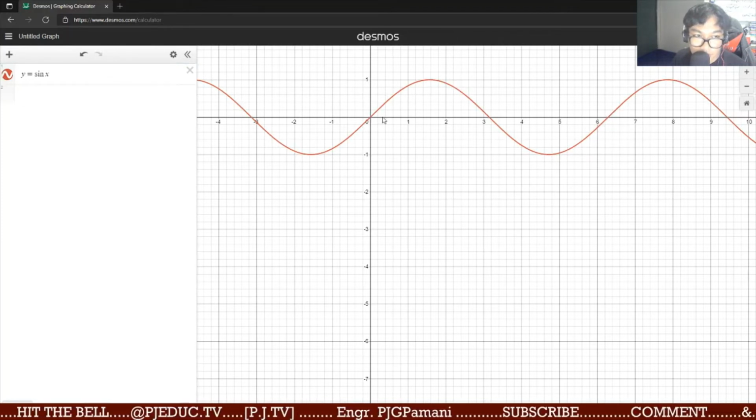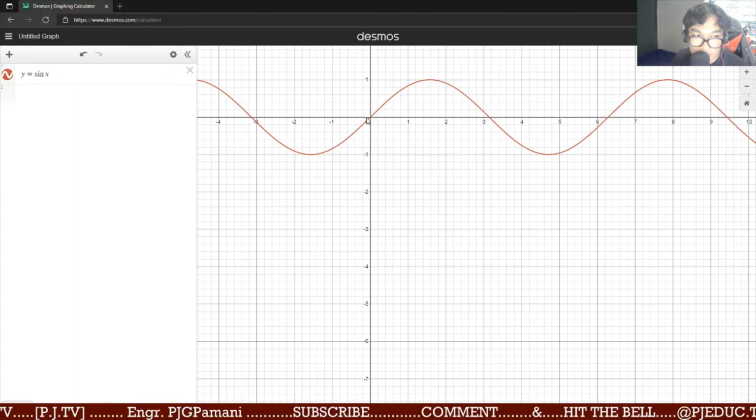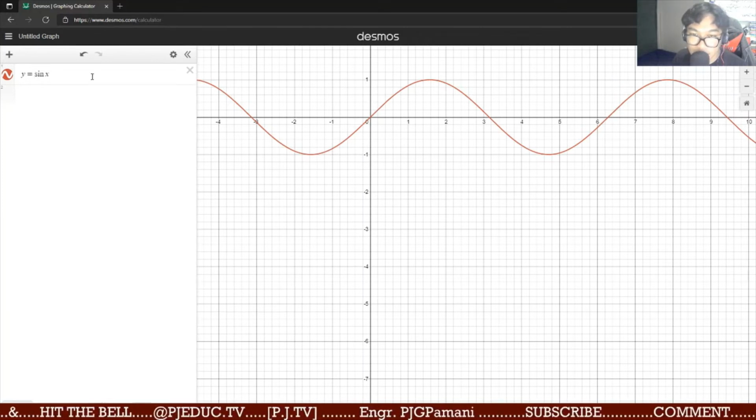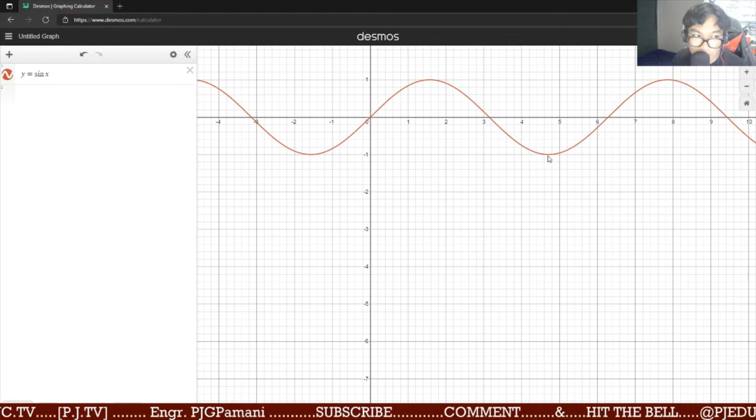Okay? That is 0, pi, then 2 pi. So, maximum, minimum. Maximum is simply 1 kasi 1 sine x. Then minimum is simply negative 1. Then another pi over there.